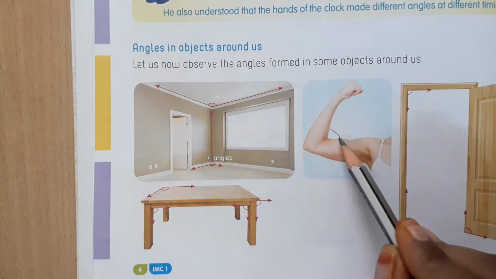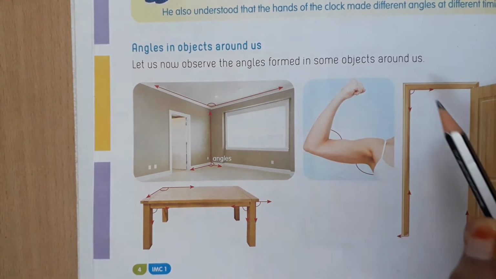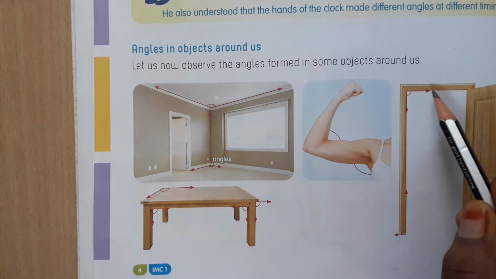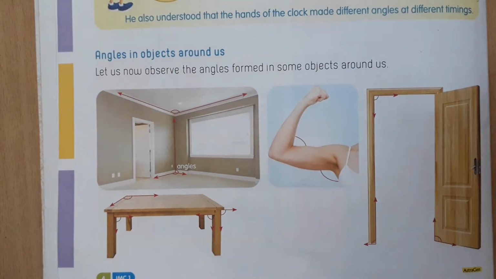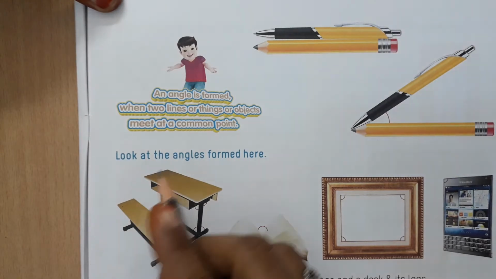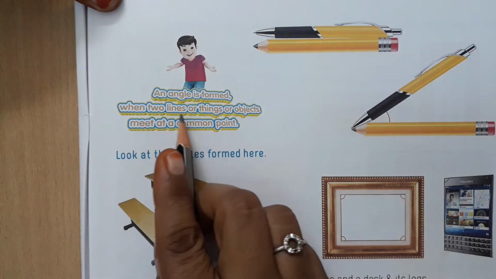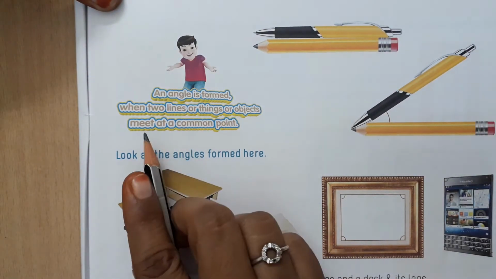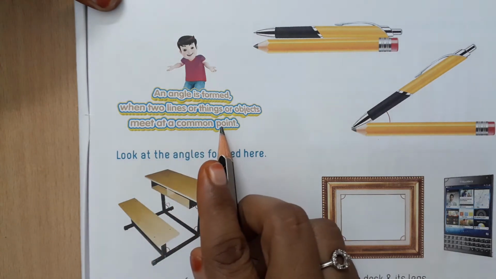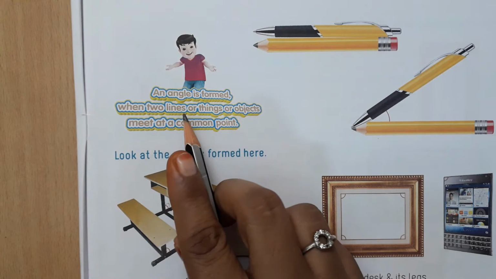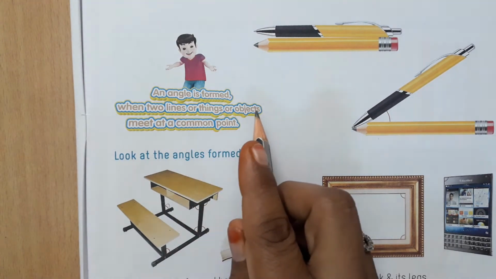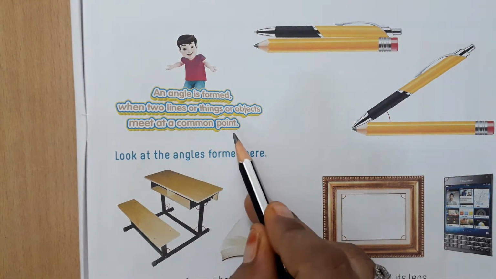Hands, elbow also make an angle. Door. So an angle is formed when two lines or things or objects meet at a common point.